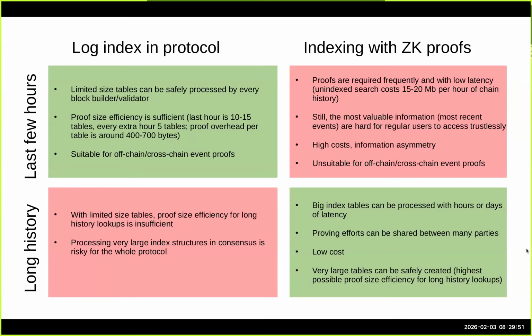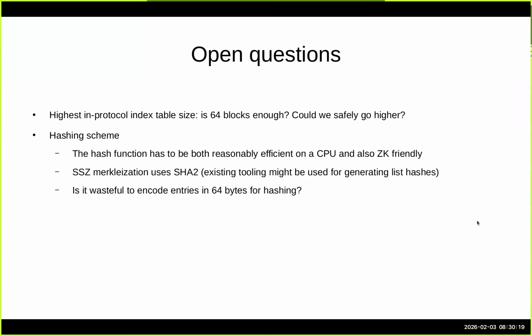So actually, it's not going to be a super complex proof. Also, the ZK proof does not need to care about all the receipt encoding and all the stuff, because that's done in consensus. So with this approach, doing the proofs is easier technically and also a lot cheaper. And that's pretty much it.